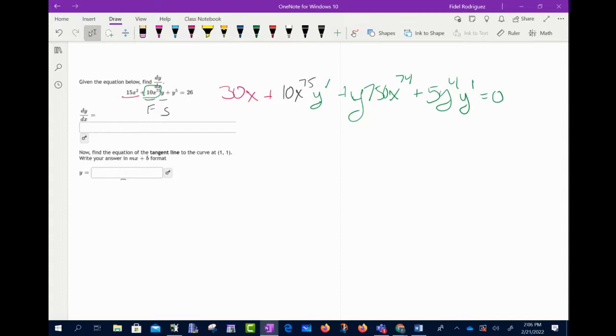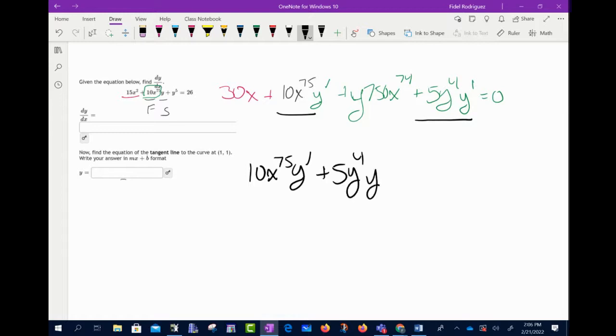Remember what we said we're going to do? We're going to get the derivative pieces together on the same side. So I'm going to leave this guy here and this guy here alone. So 10x to the 75th with a y prime plus a 5y to the 4th and a y prime equals, now the ones that don't have y primes, we're going to move those over.